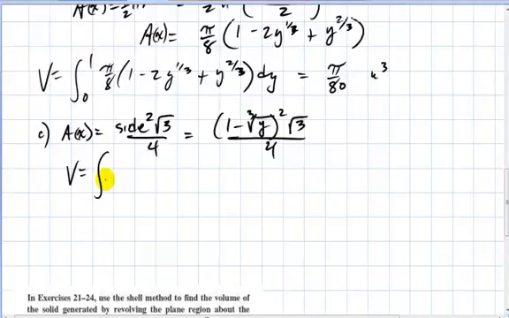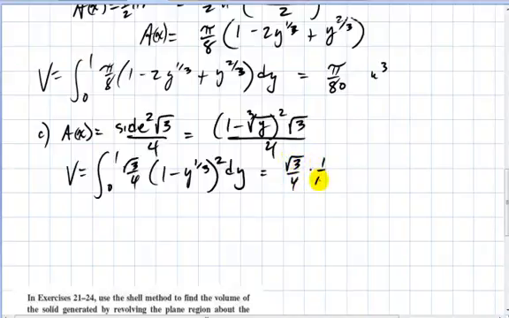So my volume is the integral from 0 to 1 of root 3/4 times 1 minus y to the 1/3 squared dy. This is going to be root 3/4 times a tenth again from my previous result, because I keep repeating the same integral. Root 3/4 times 1/10 gives me root 3/40 cubic units here.